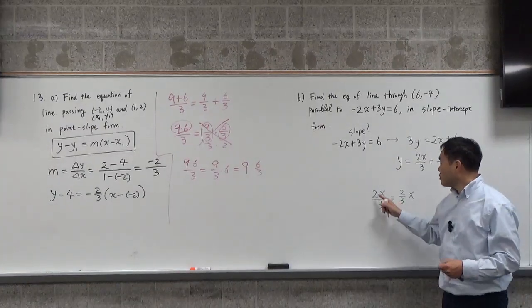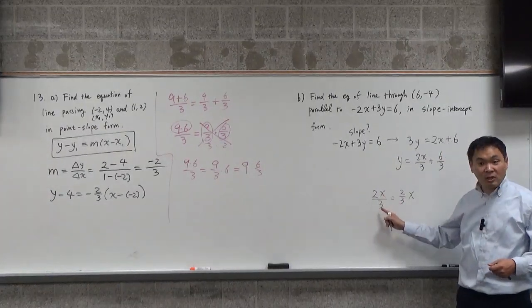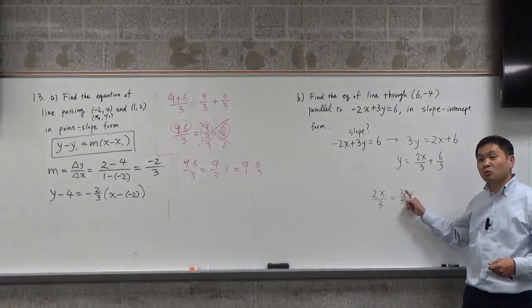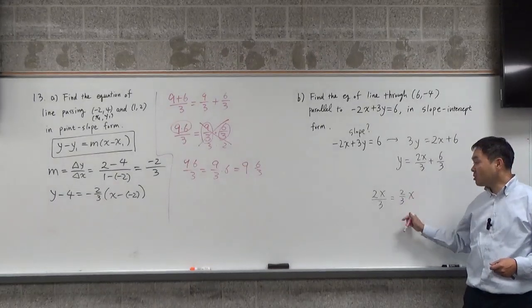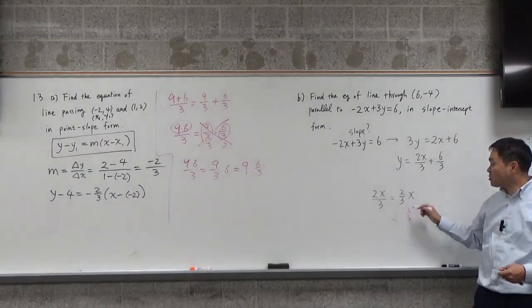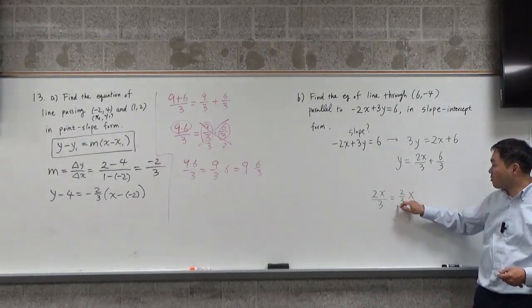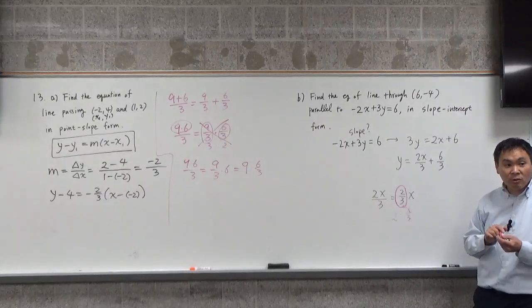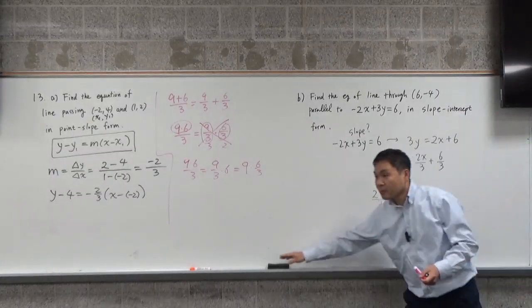So if you have 2 times x divided by 3, you can just rewrite this as 2 over 3 times x. You can also write it as 2 times x over 3, but that doesn't help us because only when you write it like this, you can read off the slope as the coefficient. All right?